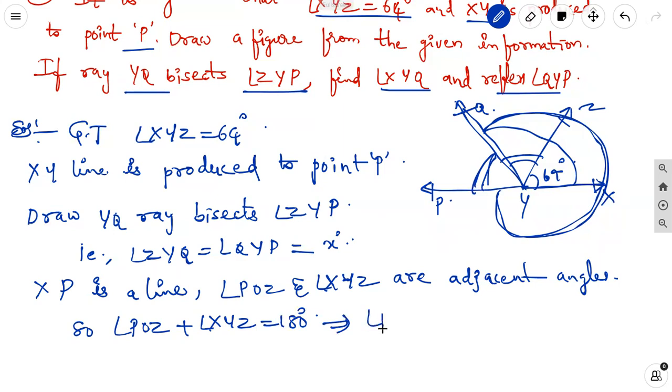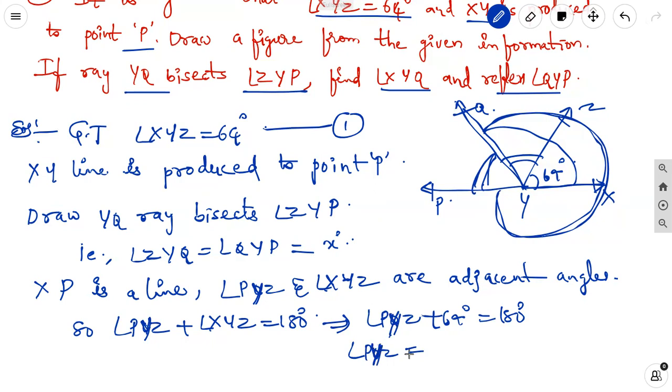They have given angle XYZ equal to 64 degrees. Sorry, PYZ, not POZ. So PYZ equals 180 degrees minus 64 degrees. It is equal to 116 degrees.